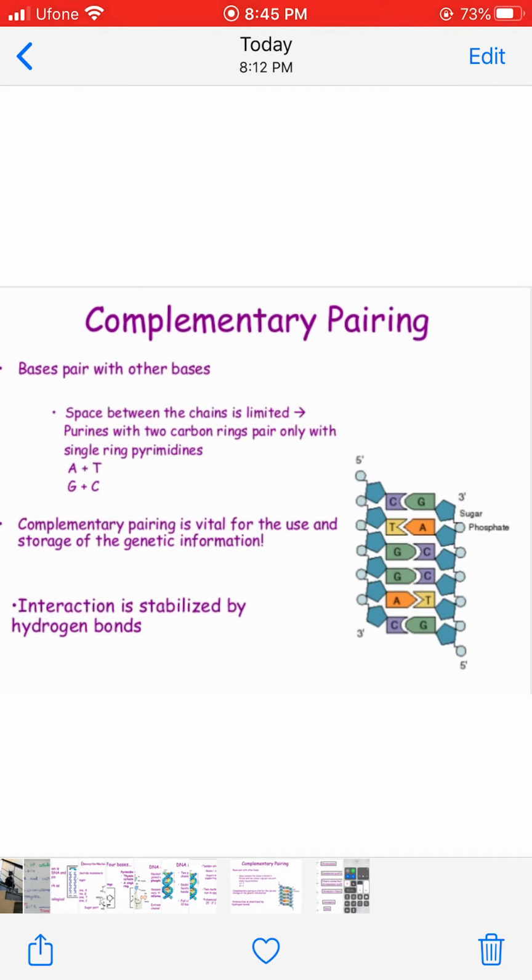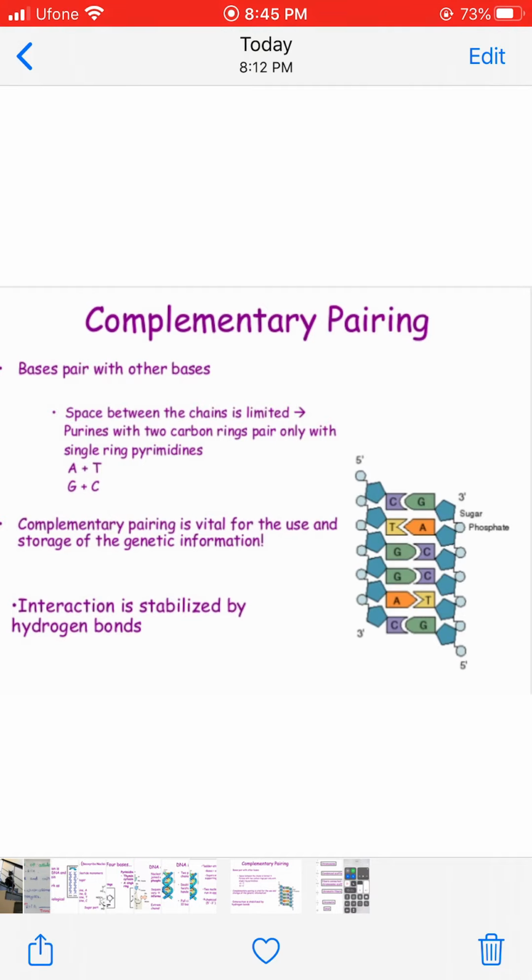And the sugar and phosphates protrude outwards, and inwards the bases vary in numbers.